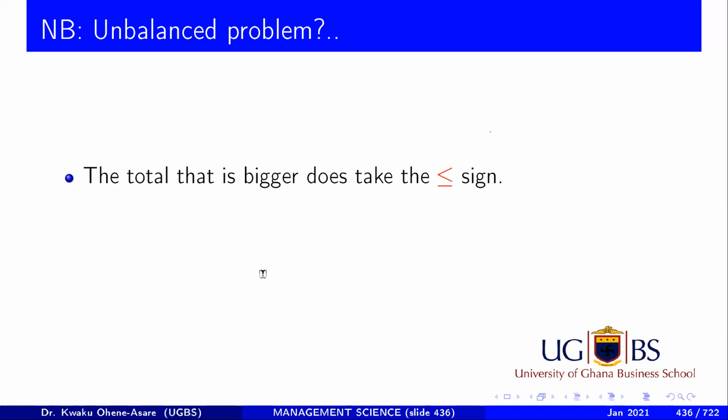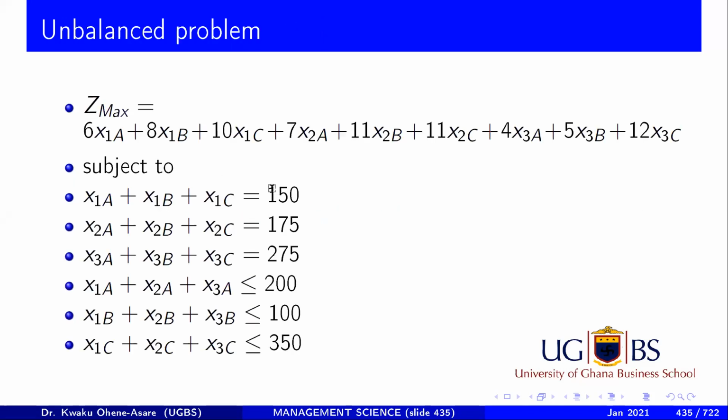And then let's make sense of that. Suppose this supply was 700 and the demand is 600. So they are supplying 700, but these people are demanding only 600. So it means that there is some that they will supply that these people will not demand.